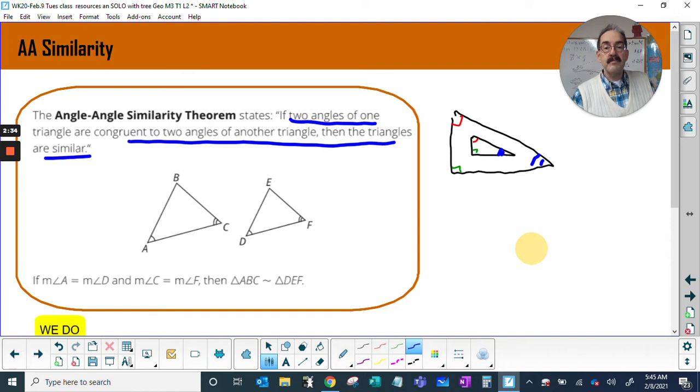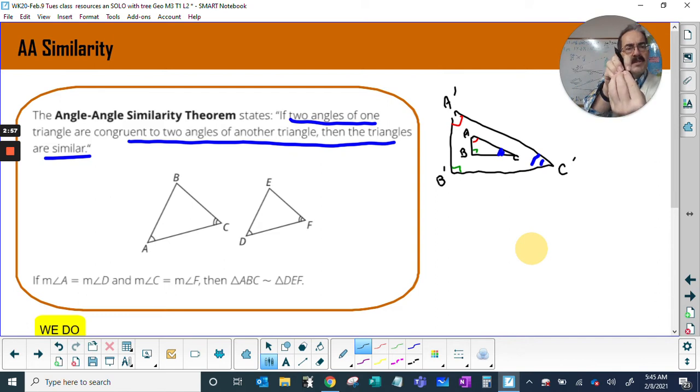And similar is this little squiggle line. So on your paper, go ahead and write some notes, and we'll call the little guy A, B, C, and we'll call the big guy D, E, F. In Mathia, they love to do A prime, B prime, C prime.